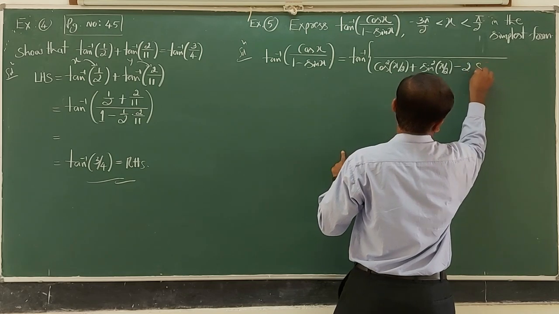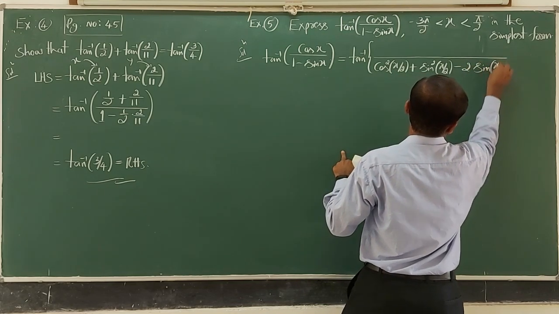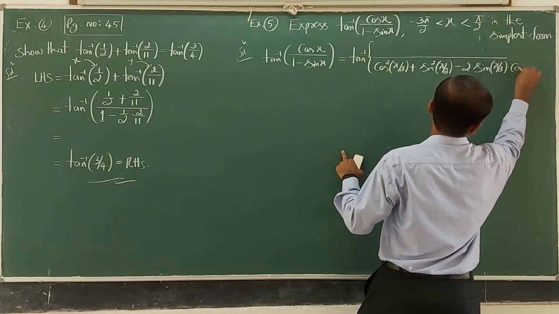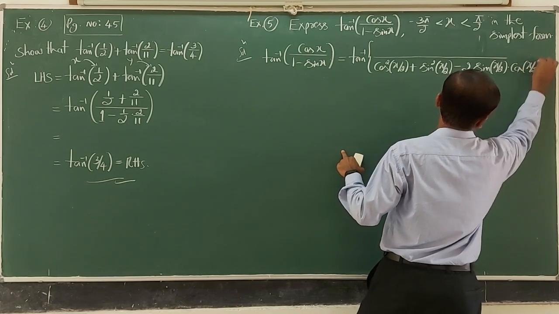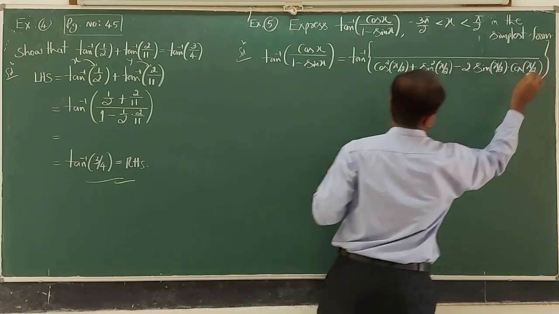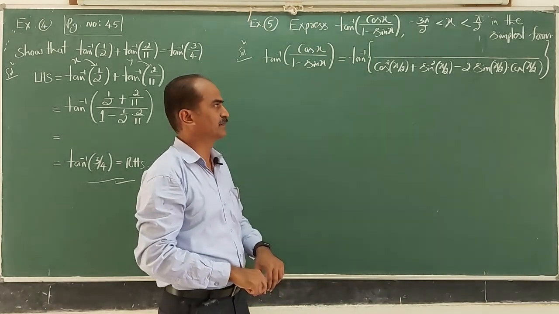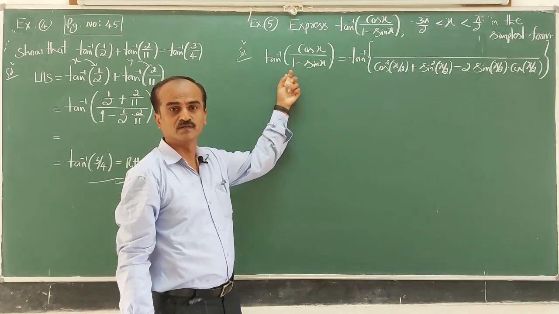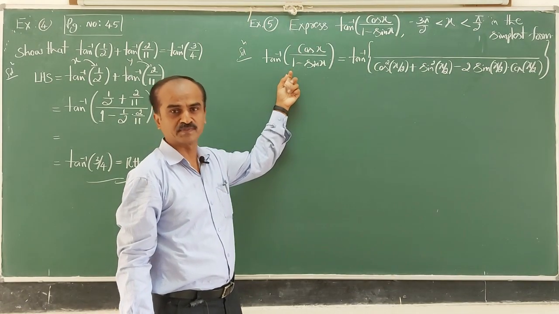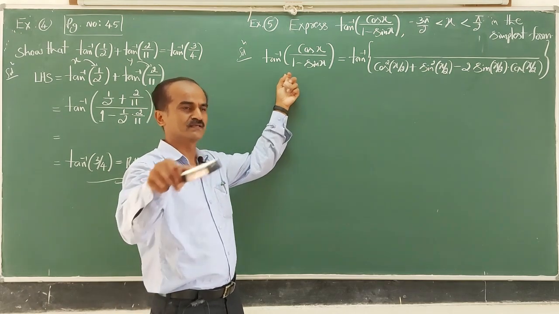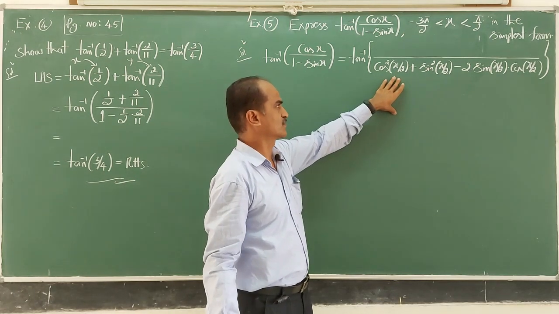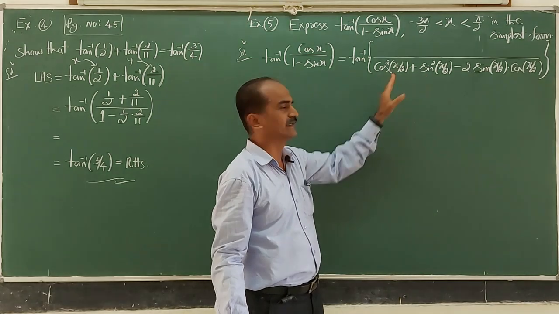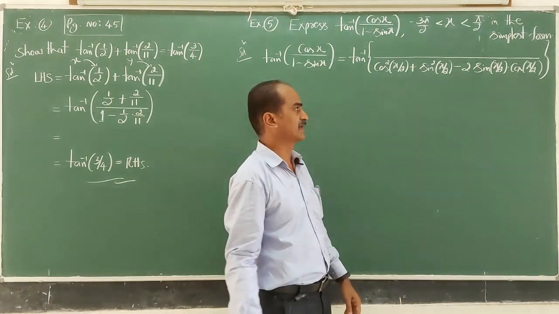I will write it as 2 sin x by 2 into cos x by 2. I hope you followed how I am able to write this. We know that 1 can be written as sin square theta plus cos square theta. The same thing I wrote in half angle, cos square theta plus sin square theta, where theta is x by 2. Half angle formula applied.